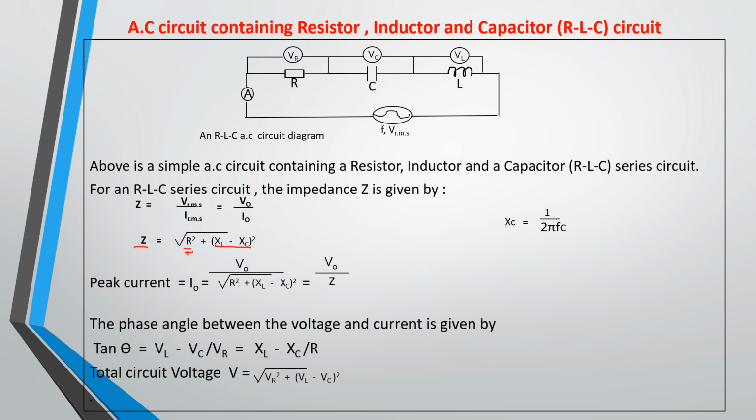The peak current is equal to the voltage all over the impedance. That is what was mentioned before. Please don't forget this.